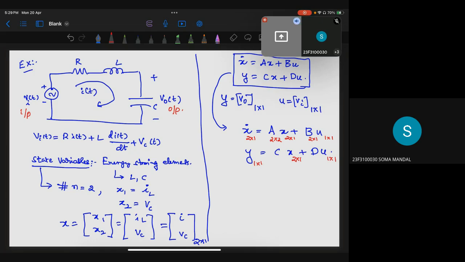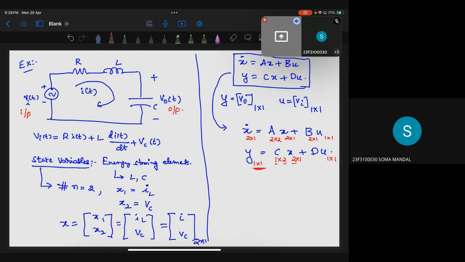So what is C? How much do I need to get here? 1 by 1. So what could C be? Yes or no? 1 by 2. Am I correct? These two are matching. Then to match with this, I'm taking 1 here.